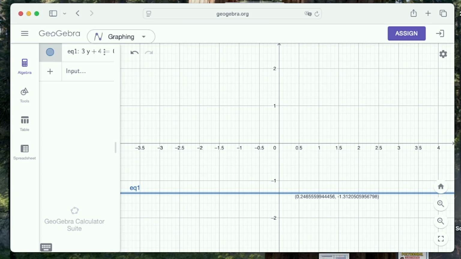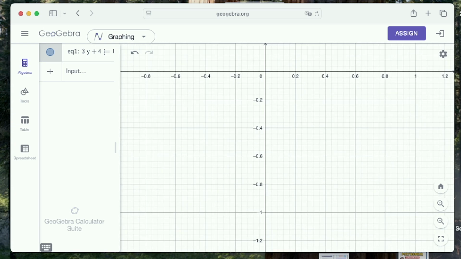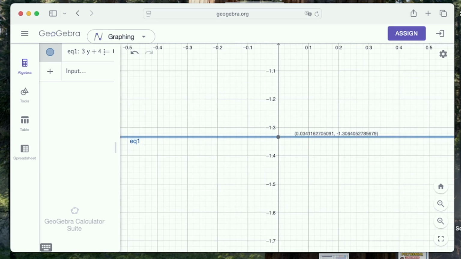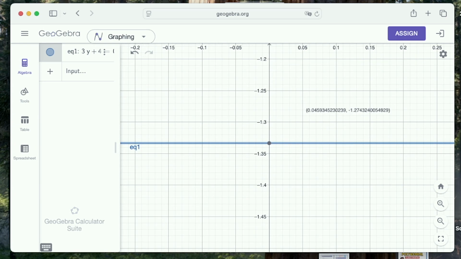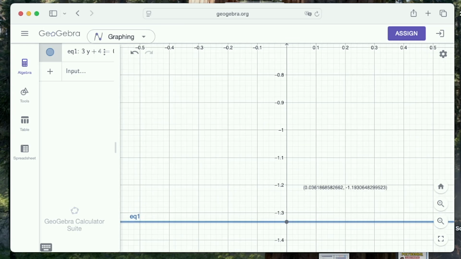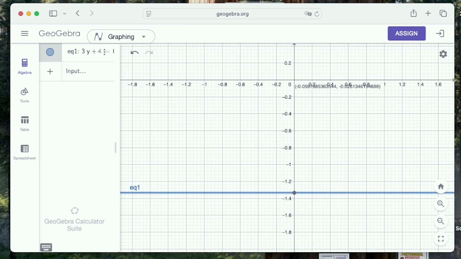I got a straight horizontal line at a point here. Here I have 0, here I have minus 1, and my straight horizontal line. This is the graph of the equation that we have shown in the last question.